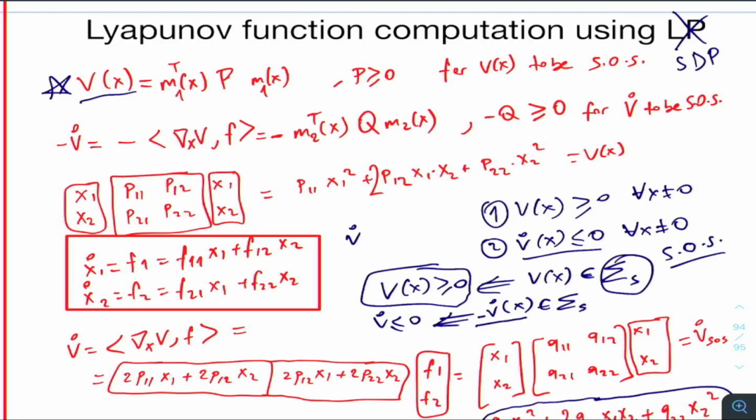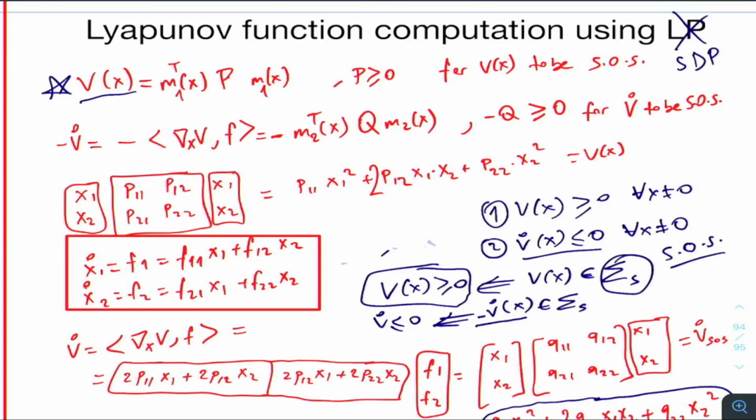V dot is less than 0, so minus V dot is greater than 0, and the sum of squares condition can be implemented for that type of condition.